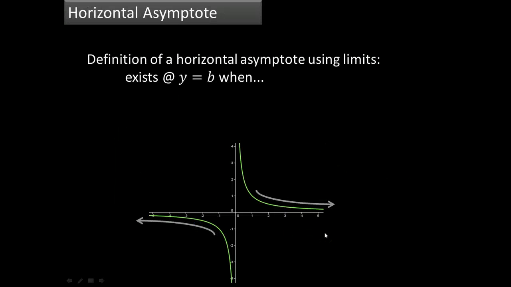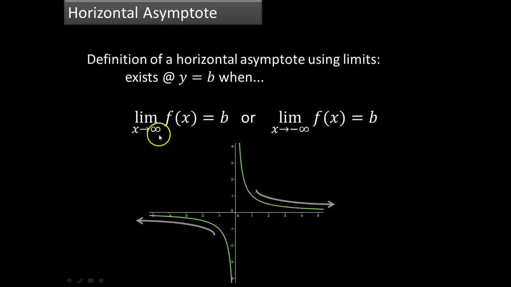Okay, we're going to talk about horizontal asymptotes. You guys talked about asymptotes in trig and pre-calc. We're going to give them now a limit definition now that we know what limits are. So a horizontal asymptote exists at y equals b, where b is some number, when the limit as x goes off to infinity of your function is equal to some constant, or the limit as x approaches negative infinity of your function is equal to that constant.